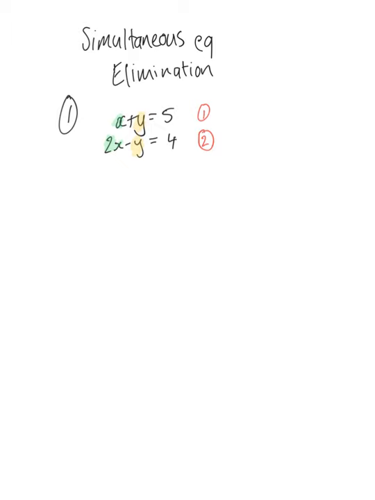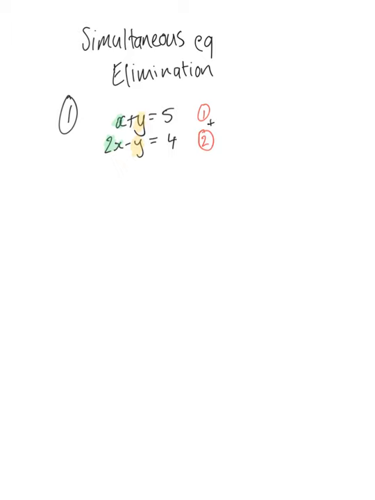The purpose of elimination is to get the same number; it doesn't matter if they're negative or positive. In this case we actually have the 1y and the negative 1y already. So to eliminate that y, we can add these 2 equations, equation 1 and equation 2.